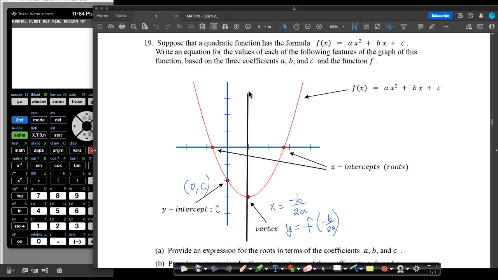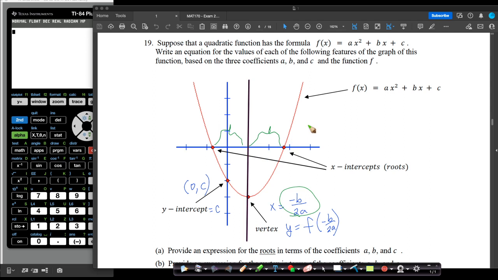Let's see if I got it vertical, pretty close. So that's the line of symmetry, the axis of symmetry, what we call, and so it's symmetric about that. And so what we know is the distance here is going to be the same as the distance here.